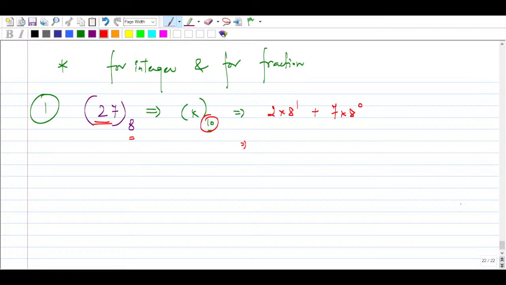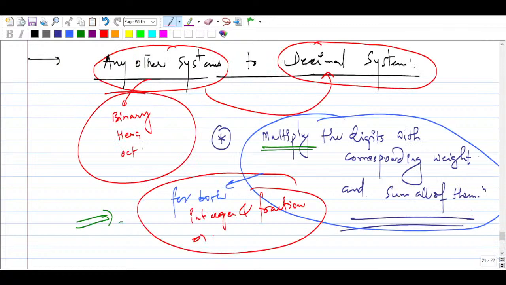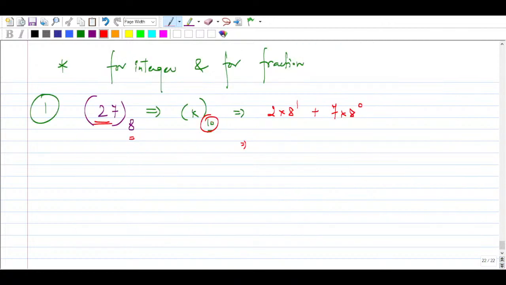This is a very important point: multiply all the digits with the corresponding weight. I'm not talking about the base you want to convert into. I'm talking about the number, whatever base is given, the same base you have to multiply here.